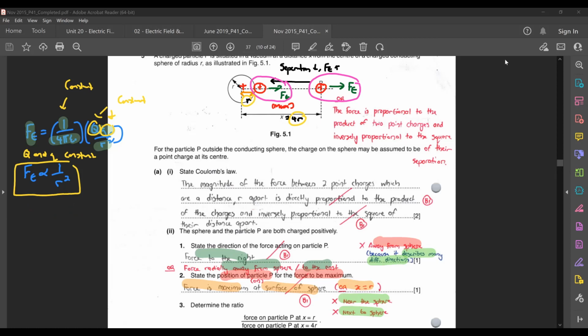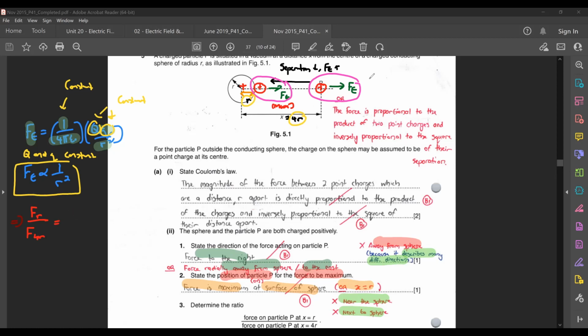And then from there, you can find out your ratio, where you say something like this. Fe at r, let's just call this F1, to Fe at 4r, F2.